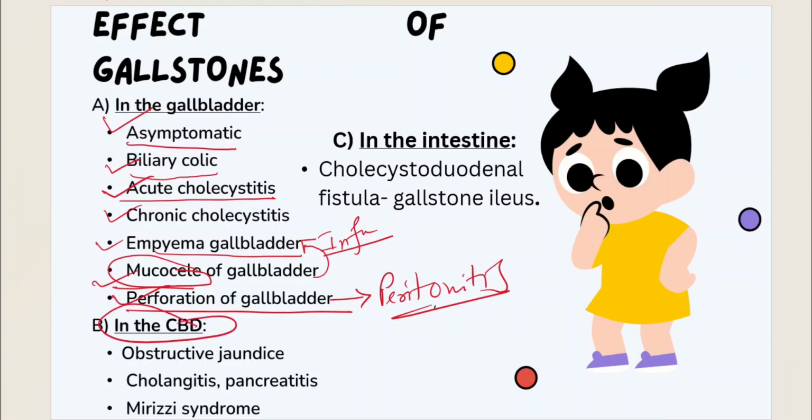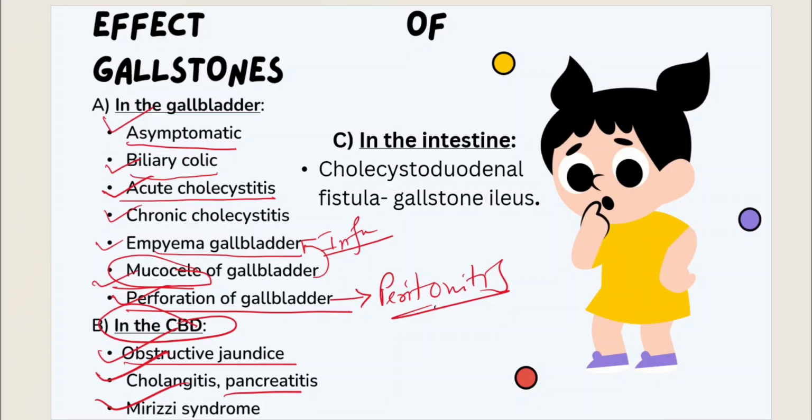What can the gallstone do in the CBD? It can cause obstruction of the bile duct, leading to obstructive jaundice, then ascending cholangitis because of the infection, pancreatitis, and sometimes Mirizzi syndrome.